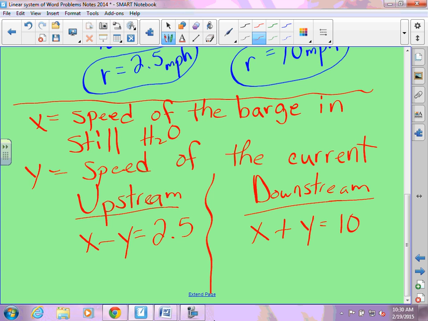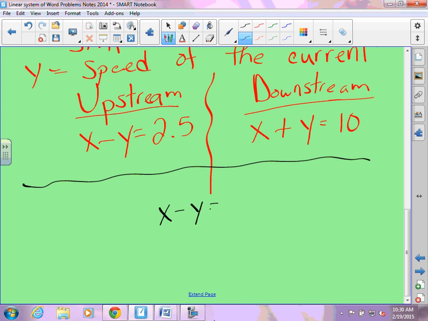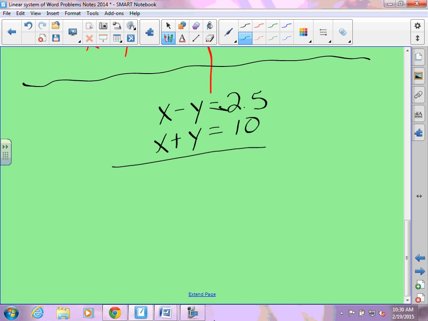So now we're going to use elimination to solve this. So x minus y equals 2.5. X plus y equals 10. Add or subtract? What do you think? Add. Okay, so x plus x is 2x.